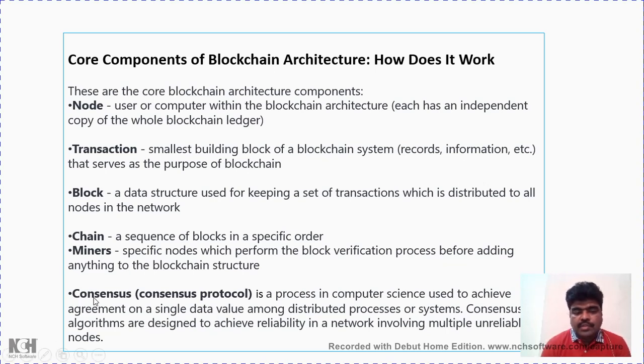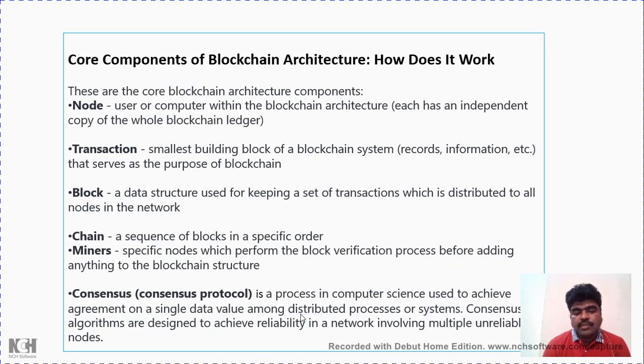Now the consensus: how the verification process occurs, by using certain protocols or algorithms. A consensus algorithm is a process in computer science used to achieve agreement on a single data value among distributed processes or systems.